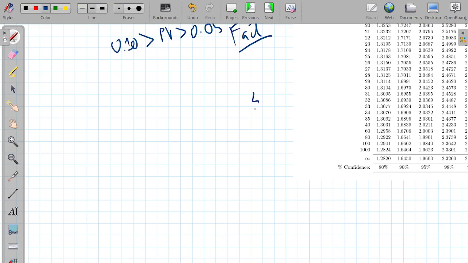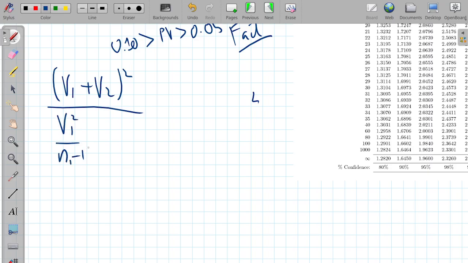Oh, it didn't paste. Okay, well, whatever. It's here somewhere. All right, so the formula we're using again is V1 plus V2 all squared. Then we need V1 squared over N1 minus 1. Then we need V2 squared over N2 minus 1, where each of these V values is equal to the variance over the sample size.